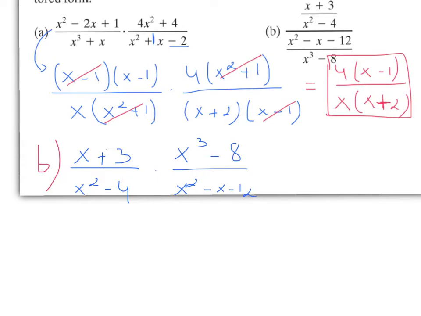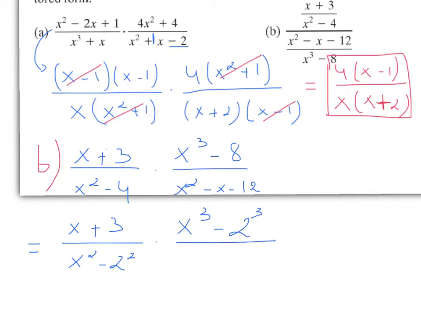So we'll get x plus 3 over, now x squared minus 4 can be written as x squared minus 2 squared, and this is x cubed minus 2 cubed over x squared minus x minus 12.